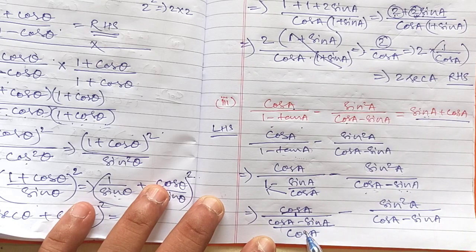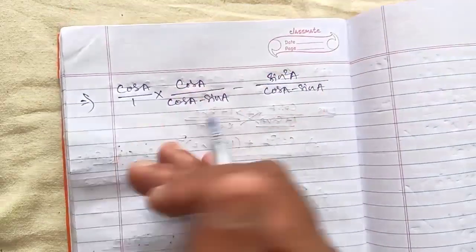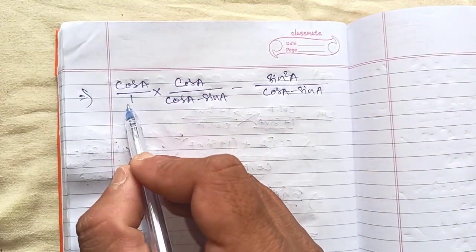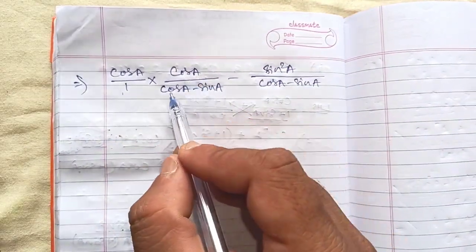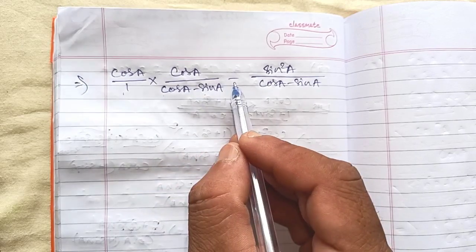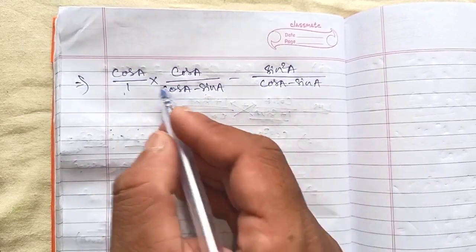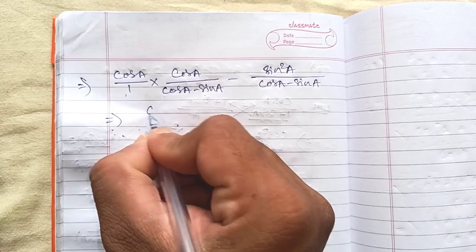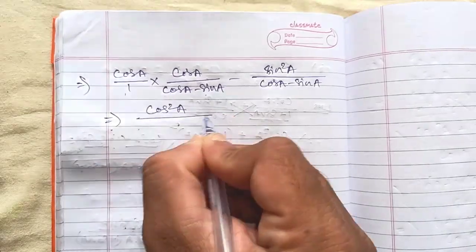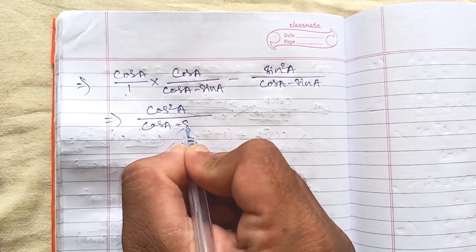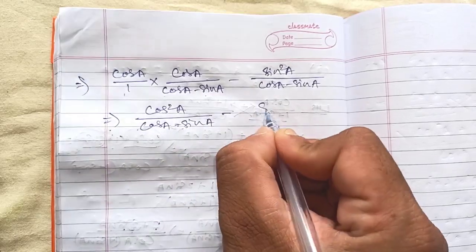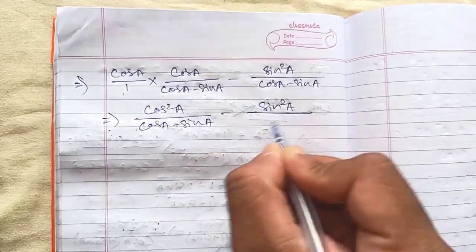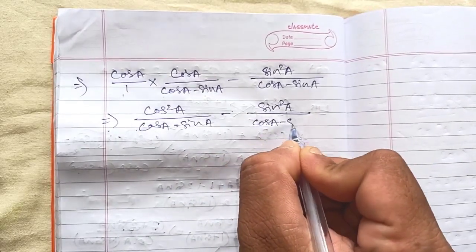This will be the reciprocal. So cos A by 1 into cos A, whole divided by cos A minus sin A, minus this will be as it is. Now multiply cos into cos: cos square A divided by cos A minus sin A, minus sin square A divided by cos A minus sin A.